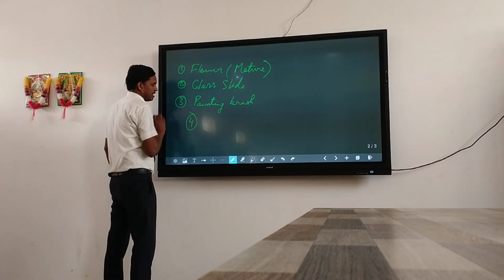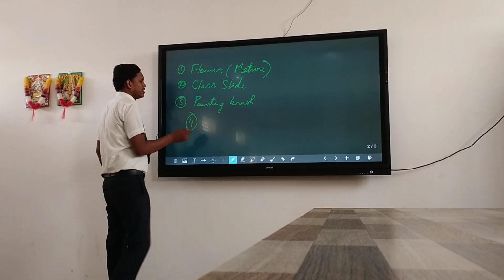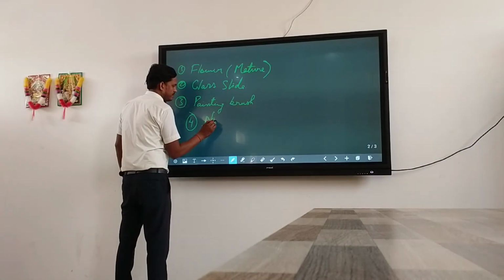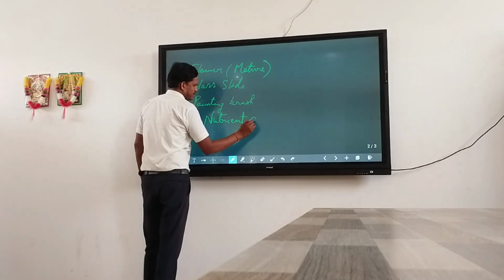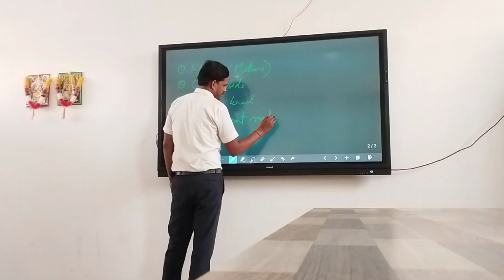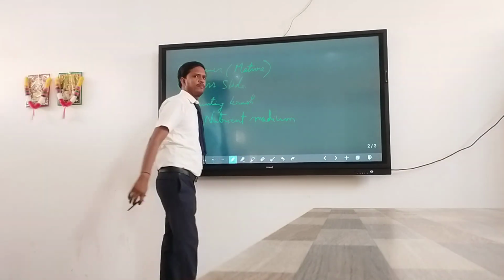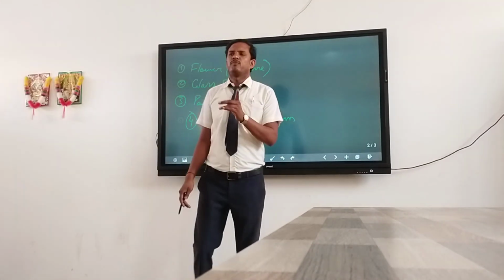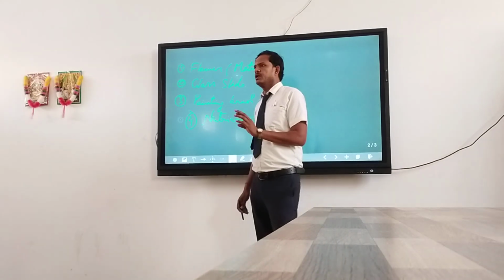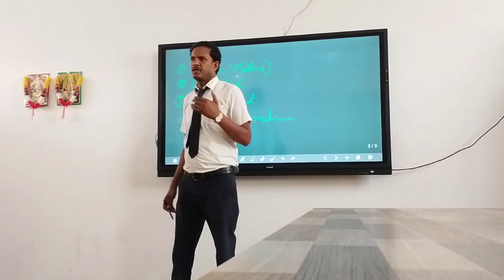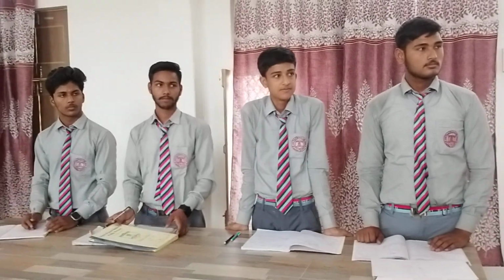Here one more thing that we need to prepare is the nutrient medium. See, germination of a pollen tube from the pollen grain is not a simple process. It is going to need some special kind of nutrient.